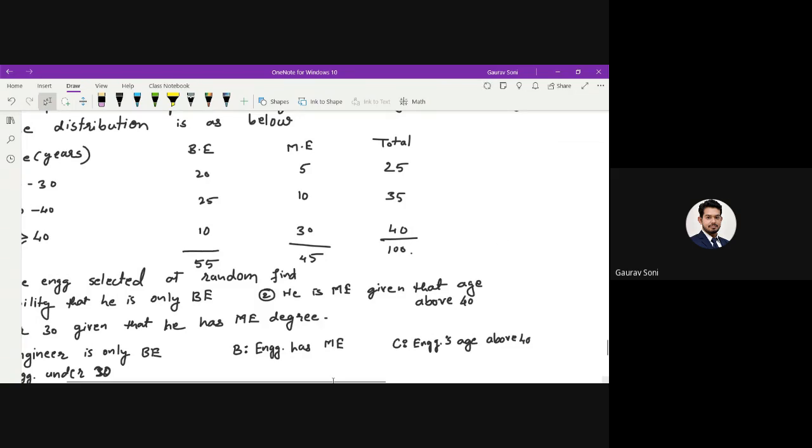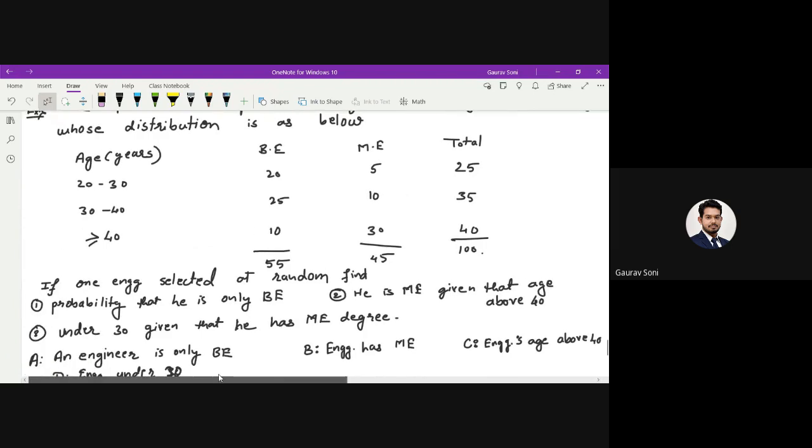Tell me the first probability. 55 upon 100. 55 upon 100, exactly. So I'll write down the answers here.